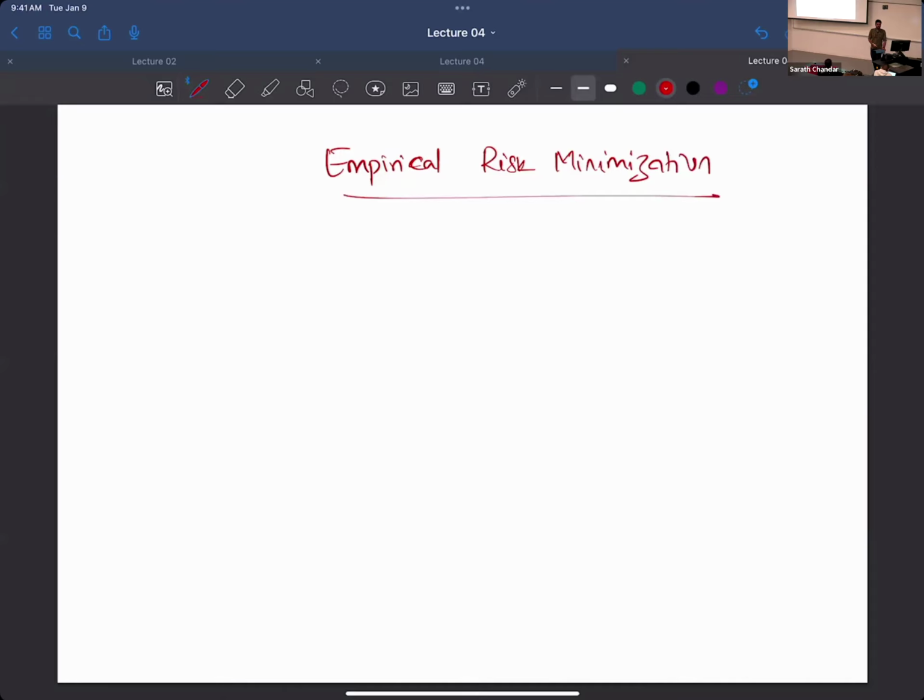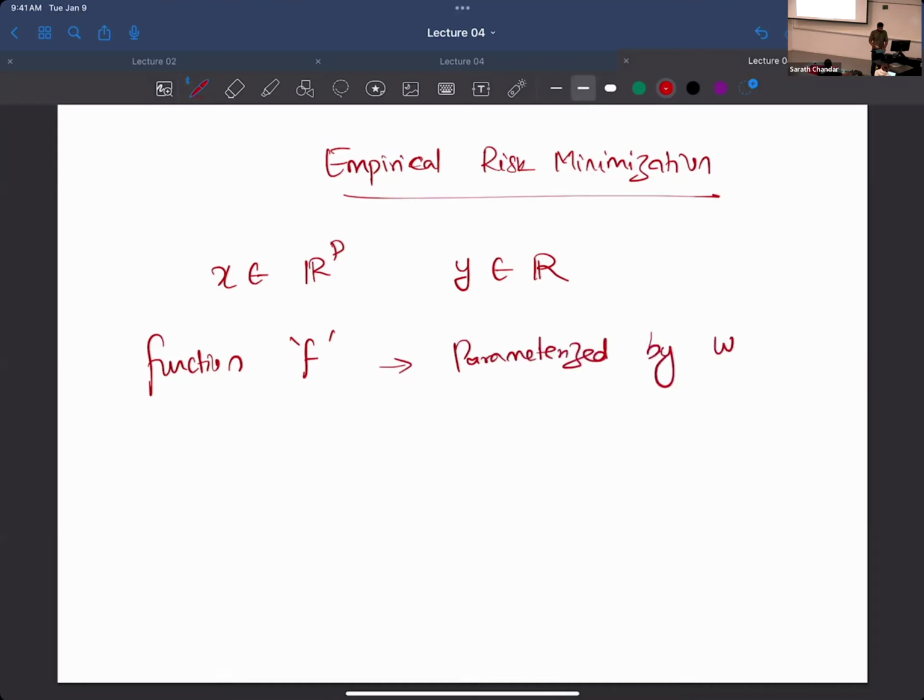Okay. Again, we're going to do this in the context of regression. So I have some x, which is in R to the p, and I have some y, which is in R, right? So for the previous session, we did not make an assumption on f, right? So now we are going to make an assumption on what f is, okay? So my function f, okay, is parameterized by w, okay?